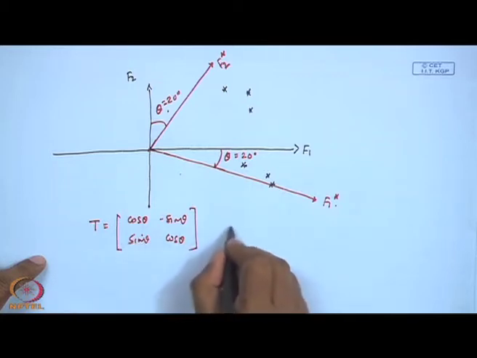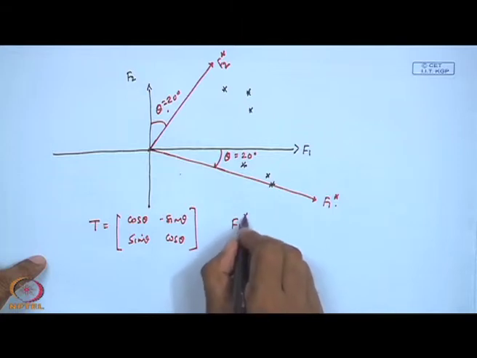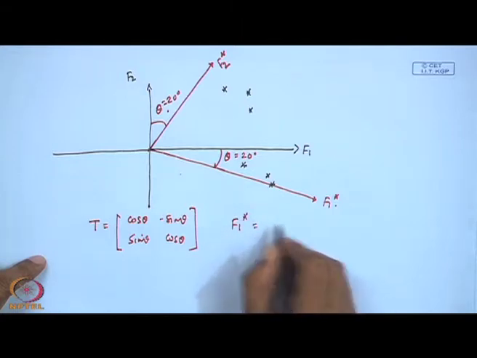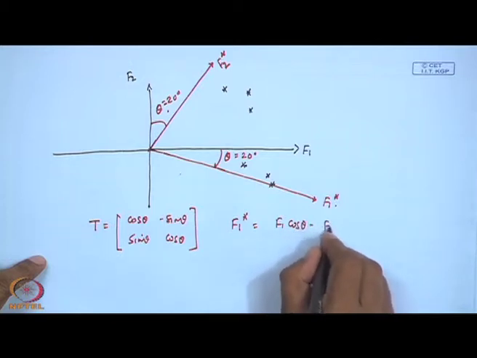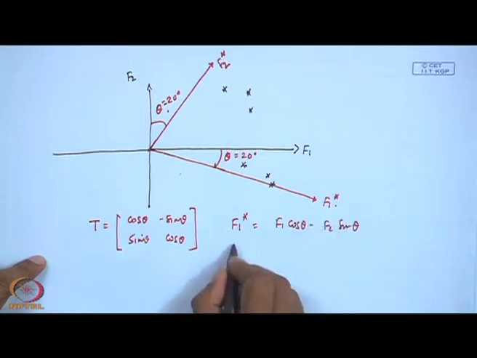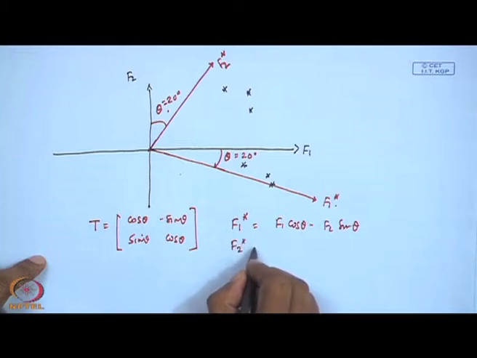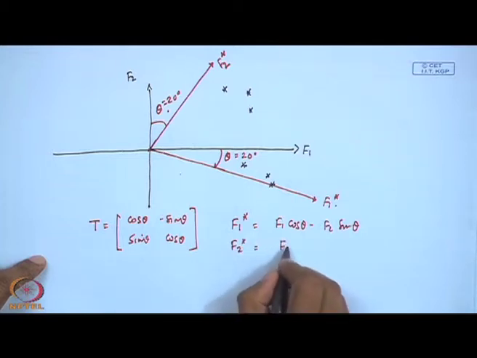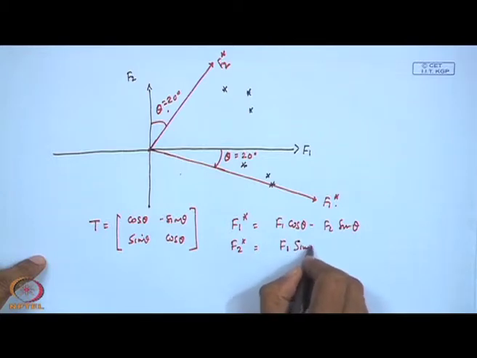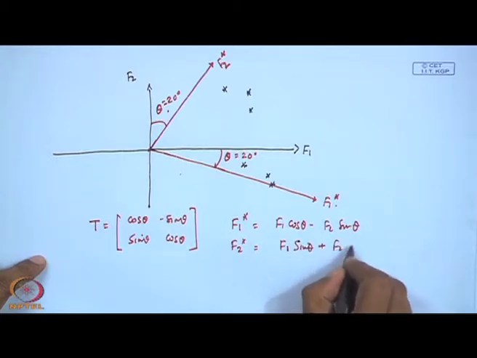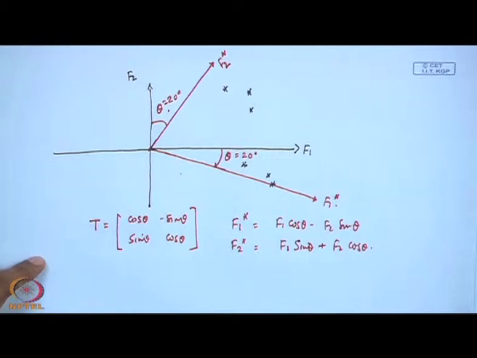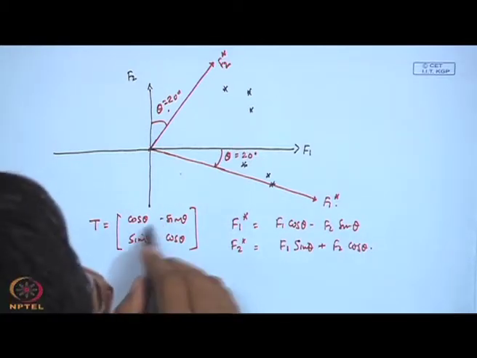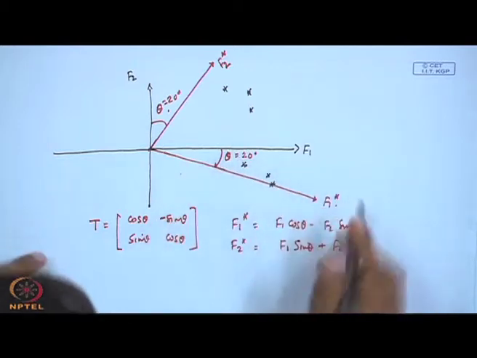That means F1 star is F1 cos theta minus F2 sin theta, and the new dimension F2 star is F1 sin theta plus F2 cos theta. Now, this plus or minus symbol, whether it is here or here, all depends on the theta value.